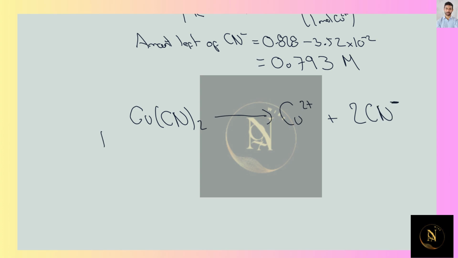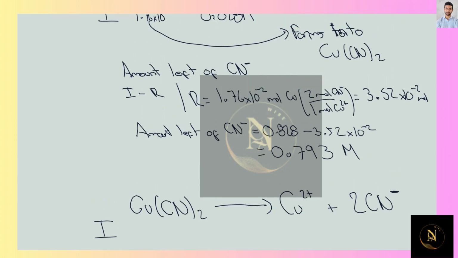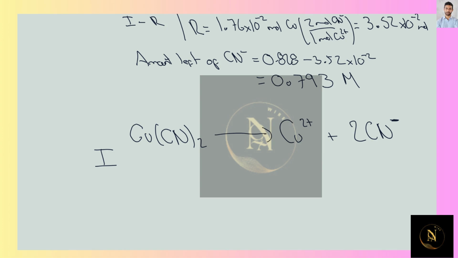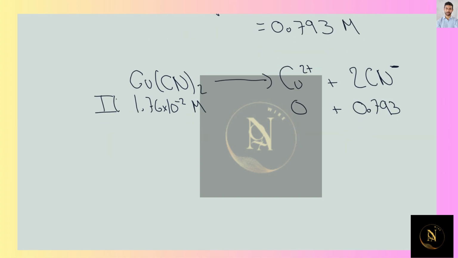The initial concentration of my solid complex is equal to the initial concentration that we had of Cu2+, which is this value, 1.76 times 10 to the minus 2 molar. The amount of copper is going to be 0, and the initial amount of cyanide is going to be 0.793. All of the ICE table is in molar concentrations.